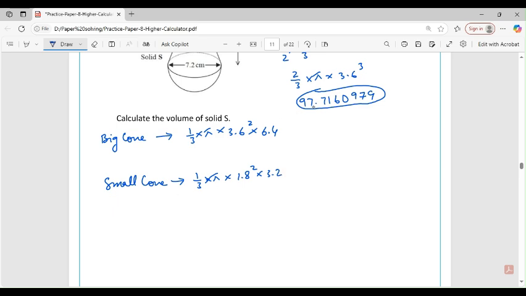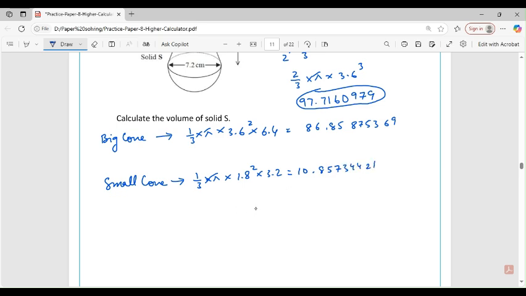For the big cone, you should get 86.85875369. And for the smaller cone, you should get 10.85734421.